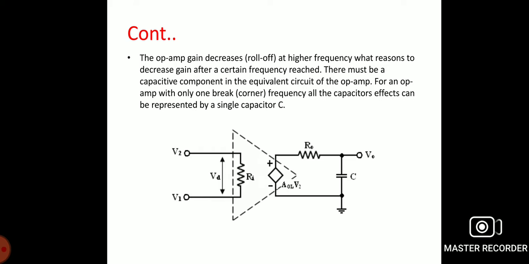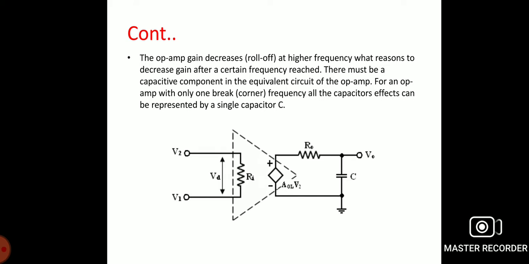For an operational amplifier with only one break frequency, all the capacitance effect can be represented by a single capacitance. There is one pole due to the R0 and C. This is the open loop voltage gain of an operational amplifier with only one corner frequency.